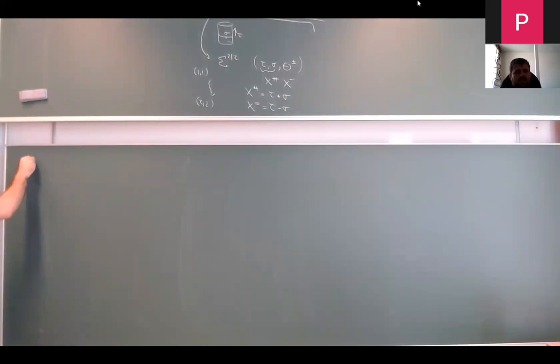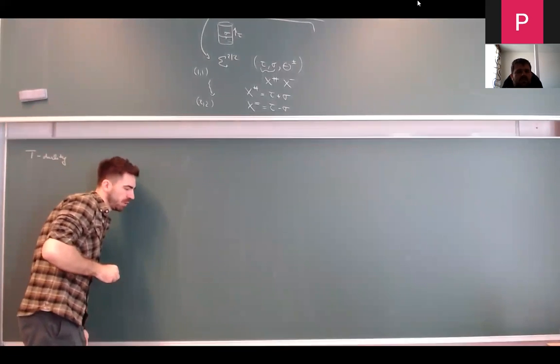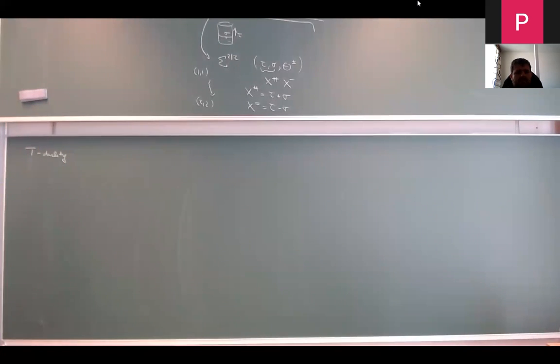So, T-duality. This is some interesting symmetry of our models, and it's not really a symmetry per se, because it's a duality between two sigma models, right?